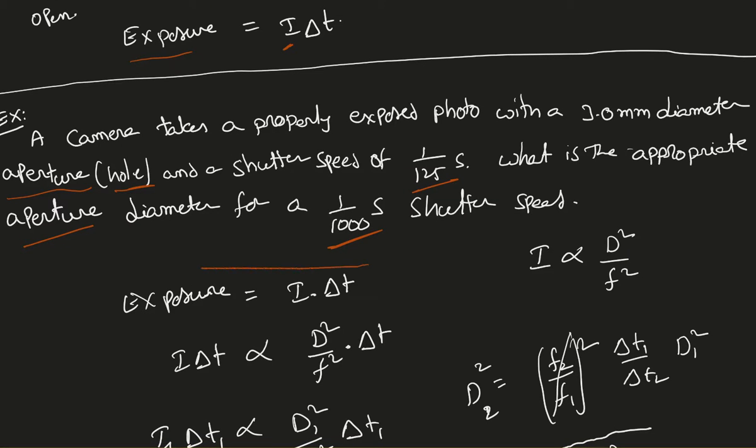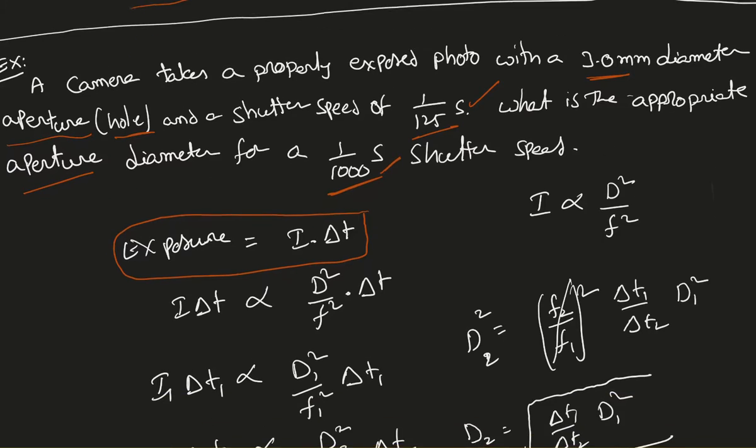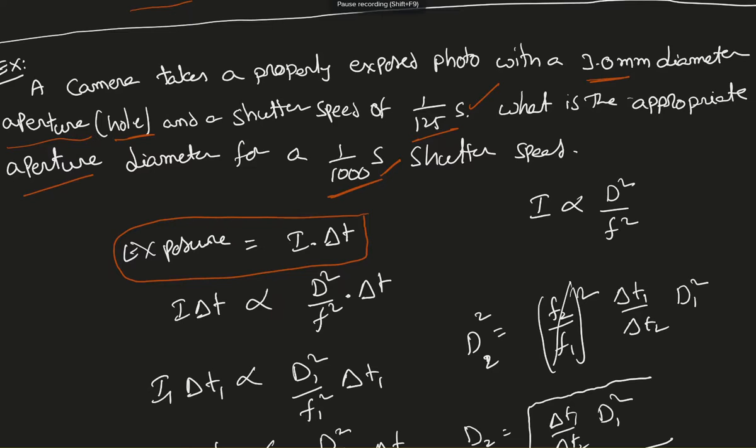The exposure is the intensity I times delta t, and I is proportional to d squared over f squared. So we have two cases: a hole size of 3 mm with a shutter speed of 1 over 125 seconds, and an unknown hole size with a shutter speed of 1 over 1000 seconds. We are using the same camera, so the focal length must be the same.